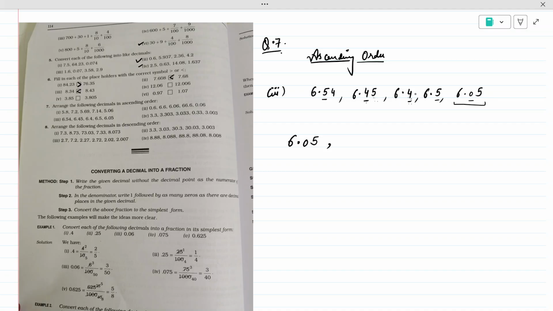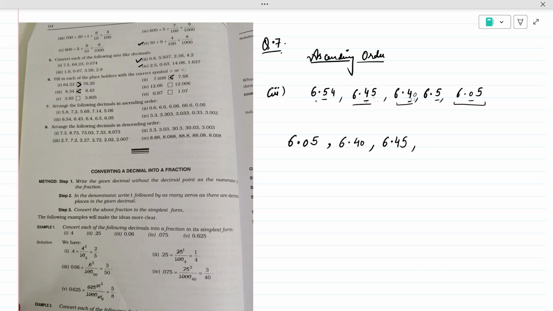Nothing means we have 0 here. So we can compare this 0 with this 5. 0 is smaller than 5. So the next smallest number is 6.40. After that, we have 6.45. Okay, so these two numbers are also covered now.